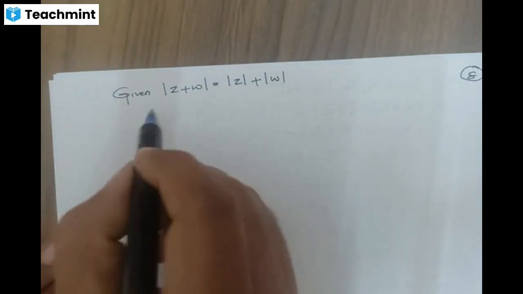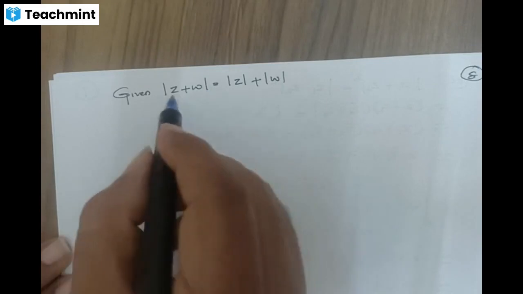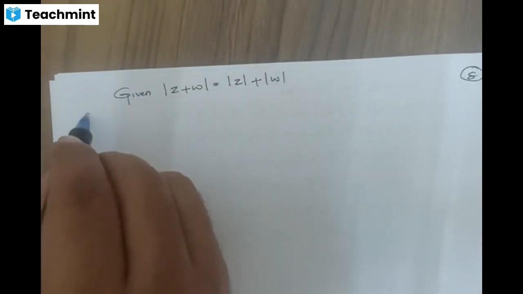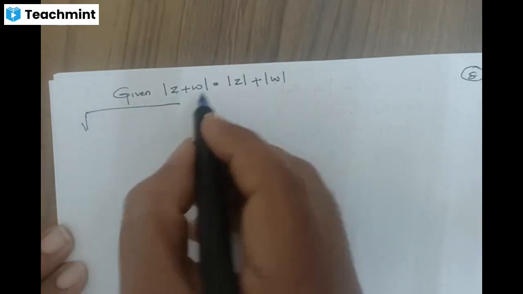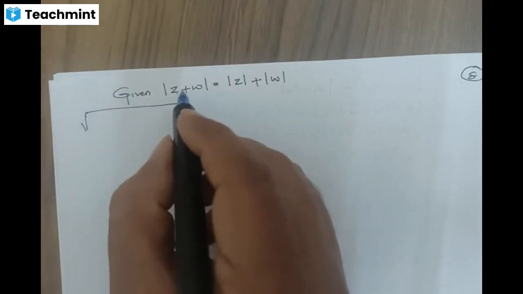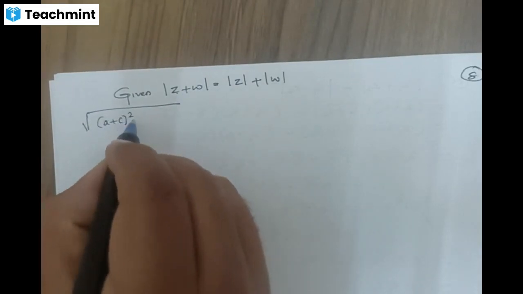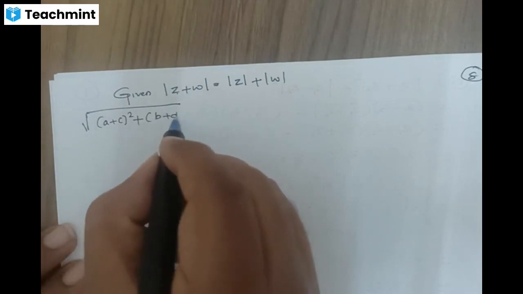So what is modulus z plus w? Z is a complex number, z equals a plus ib, w equals c plus id. Real part is a plus c whole square, imaginary part is b plus d whole square.